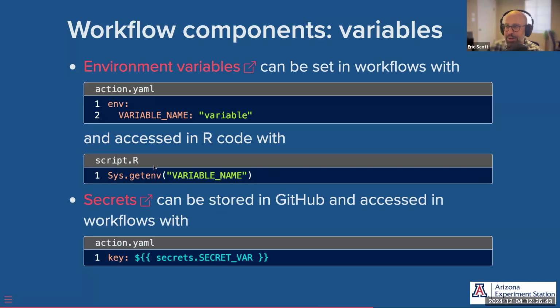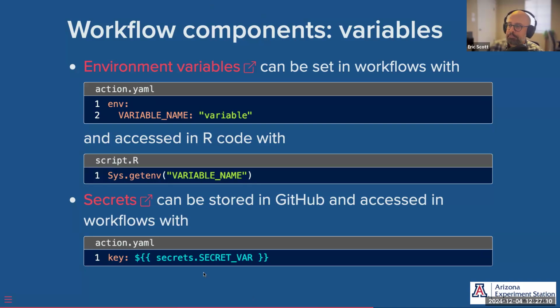The other kind of variables that you can use. So environment variables, again, this is not a GitHub specific thing. These GitHub secrets are a specific thing though. And secrets can be stored in GitHub and accessed in workflows like so. So we have key, colon, whatever key it is, right? And then we have this dollar sign, curly brace, secrets dot, whatever you called the variable.